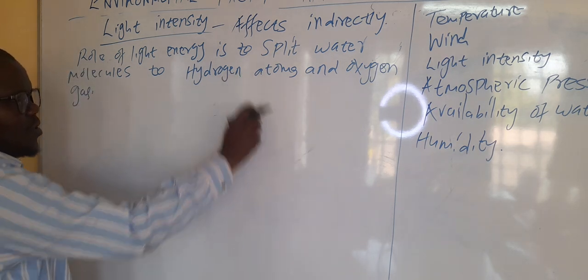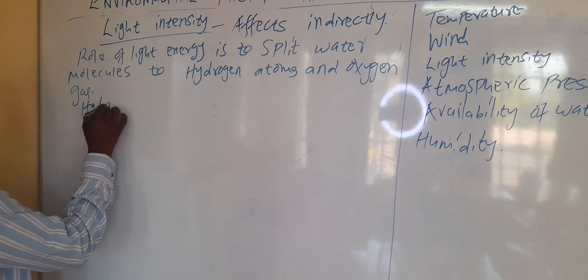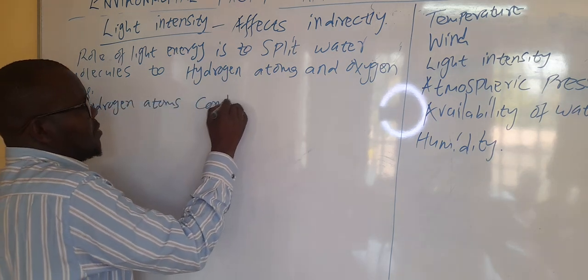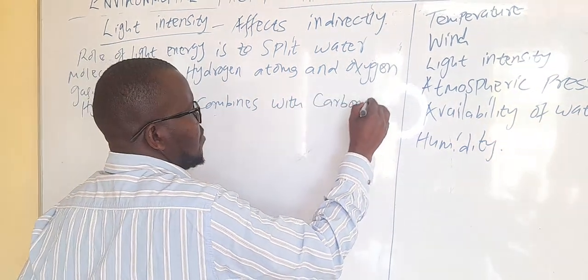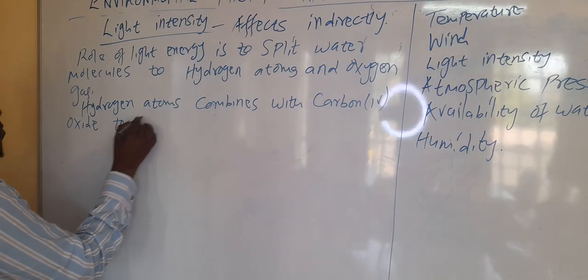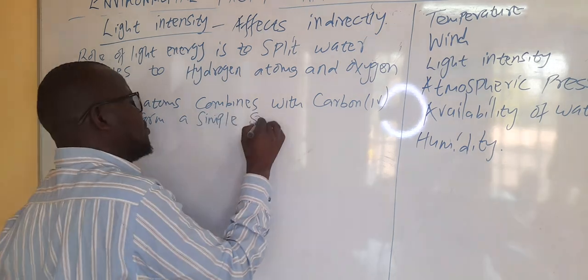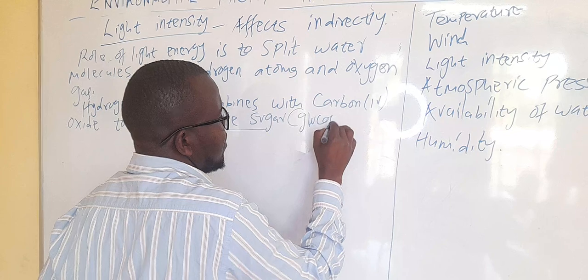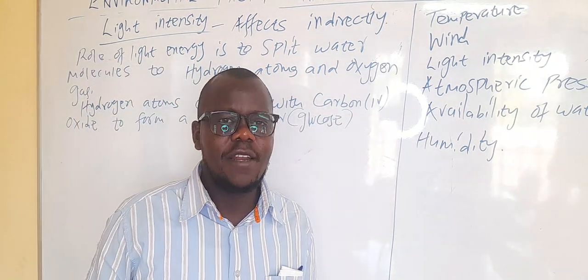These hydrogen atoms combine with carbon dioxide to form a simple sugar, something like glucose, in a process called carbon dioxide fixation.